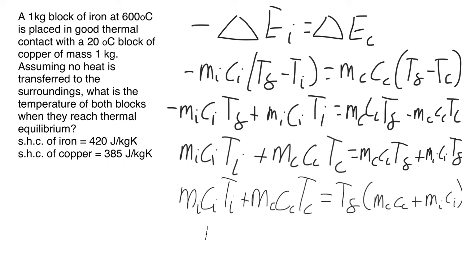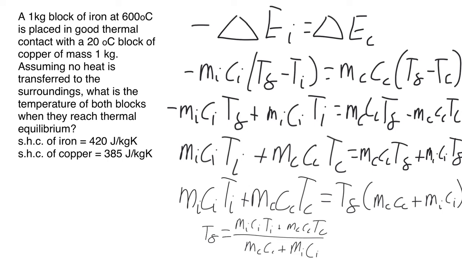Rearranging now for Tf, what we get is Mi Ci Ti plus Mc Cc Tc over Mc Cc plus Mi Ci.